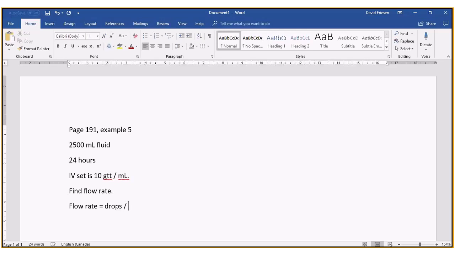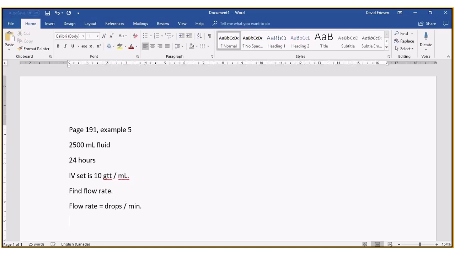Now we could choose hours or minutes. The book here has an answer in minutes, which is typical, I think, for manual infusion. I think most pumps would be hours, but we'll go with drops per minute. That's our end goal. We want the unit to be in drops per minute.